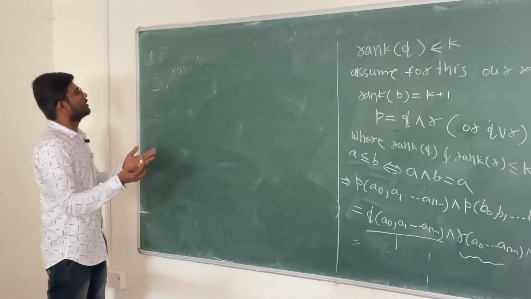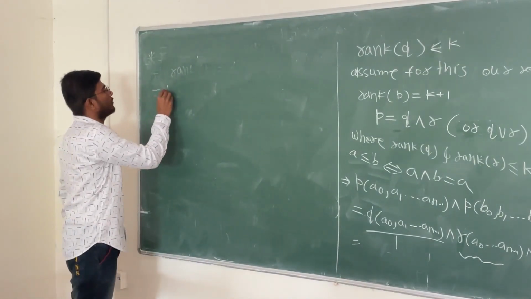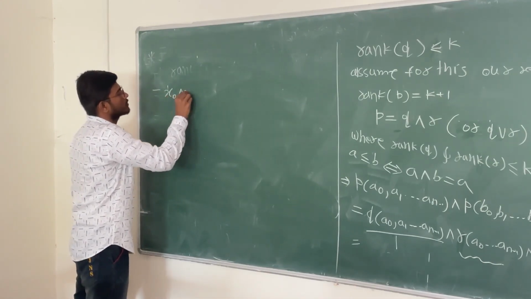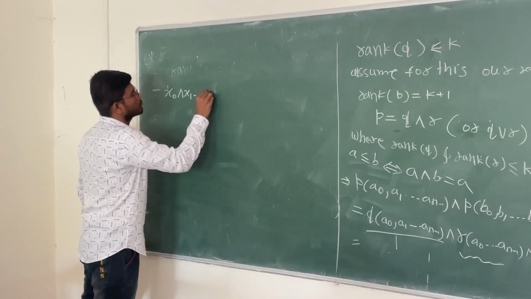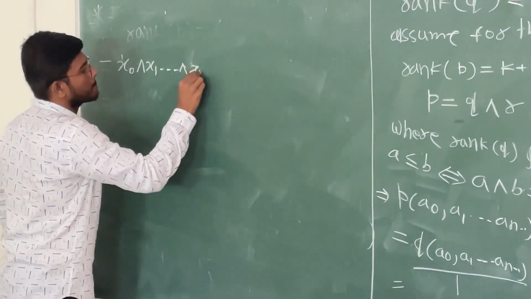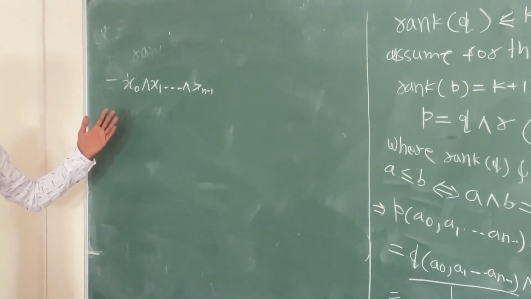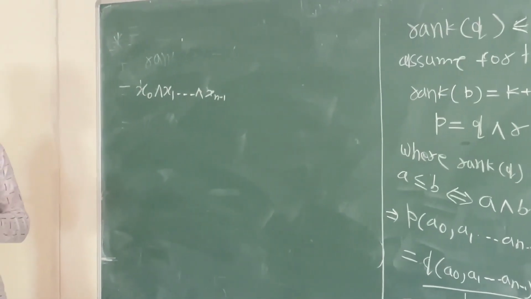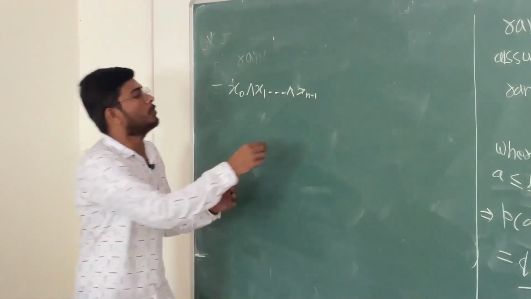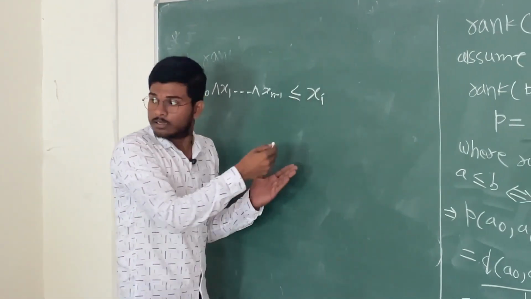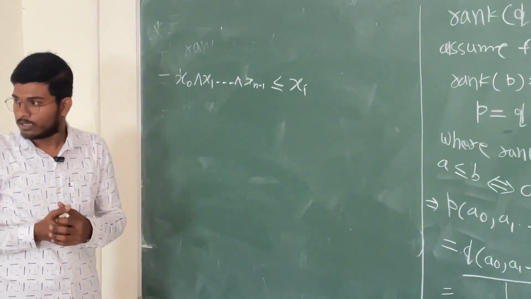Now if we have some variables, now we are taking the meet of some elements. It should always be less than one of the elements, and it is true for every i.